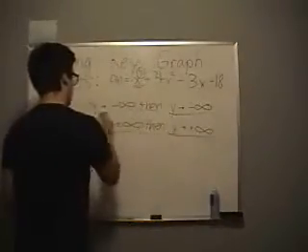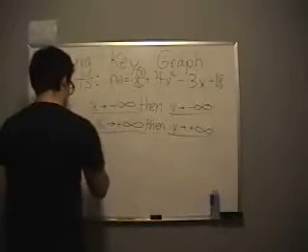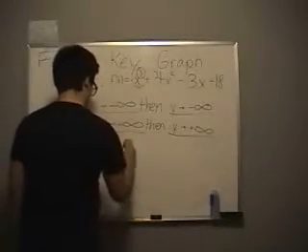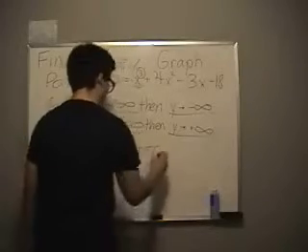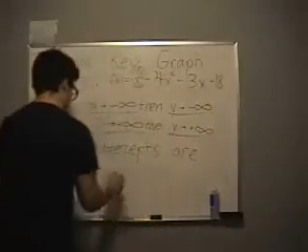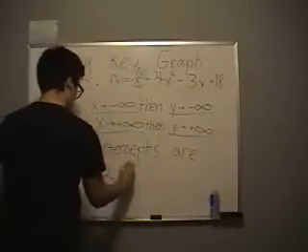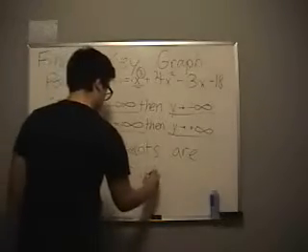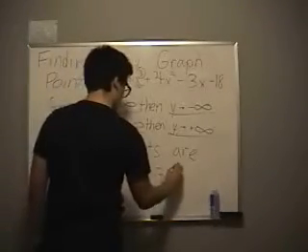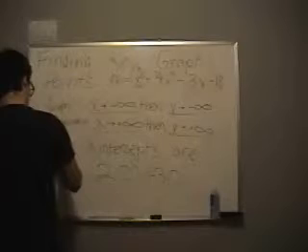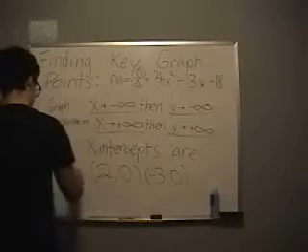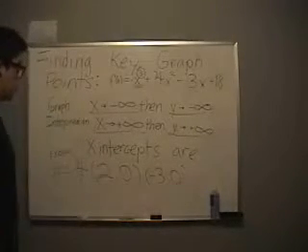The previous problem's x-intercepts were 2 and negative 3. To graph them would be (2, 0) and (negative 3, 0). These are your x-intercepts, which help you define points on the graph.